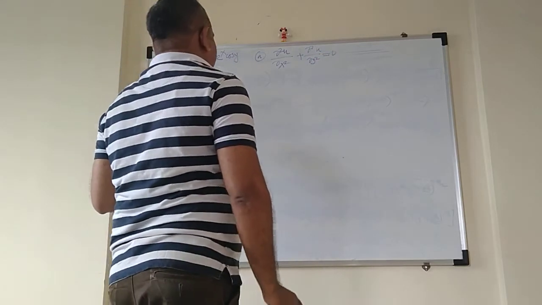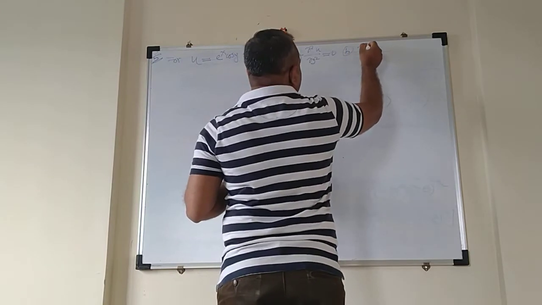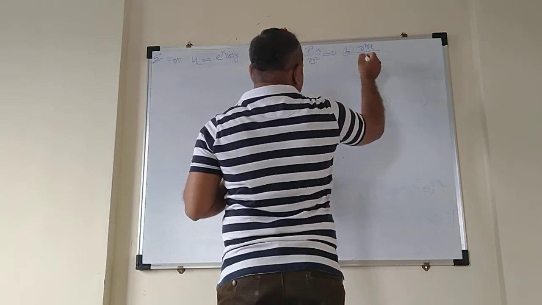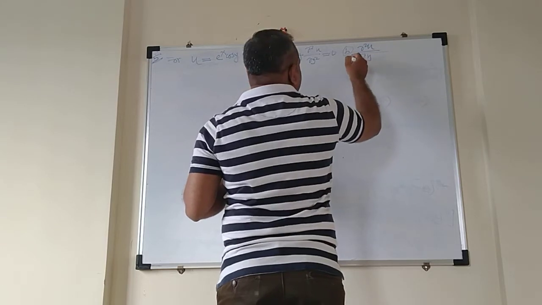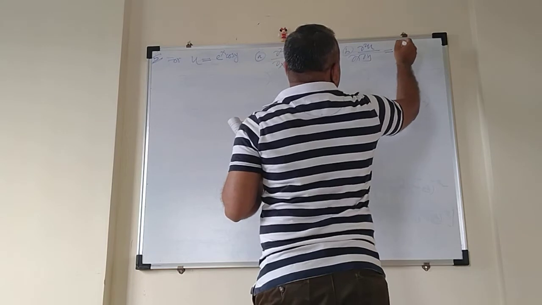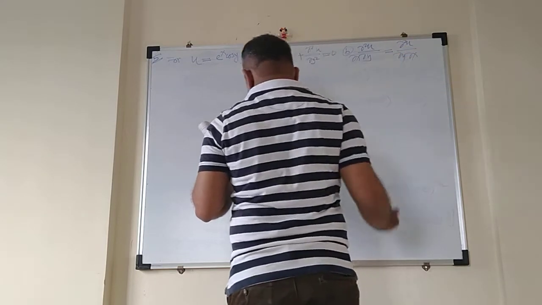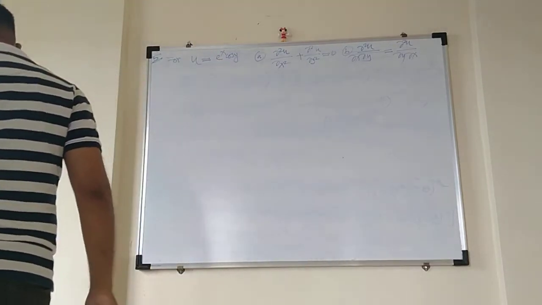And the second proof is verify that dou 2u by dou x dou y is equal to dou 2u by dou y dou x. This is our problem.